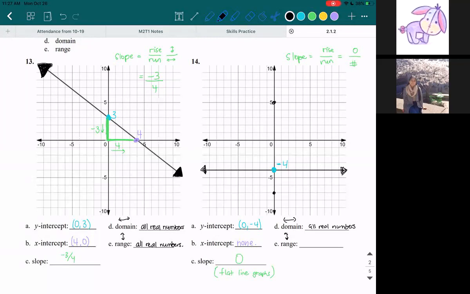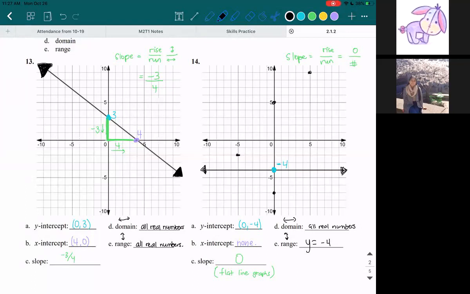And so the way you write that is you write y equals -4, because the up-down direction is defined by the y value, and our y value is only at -4. It's only at this height of -4. It doesn't go up to -2. It doesn't go up to 9. It stays at the -4 height the entire time. So for your range, you have to write y equals -4.